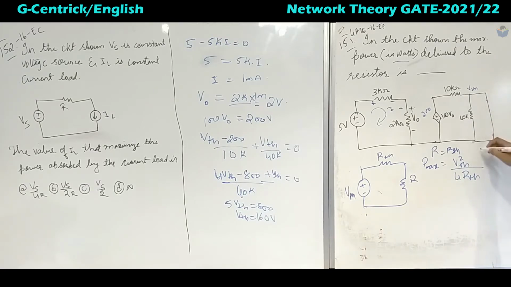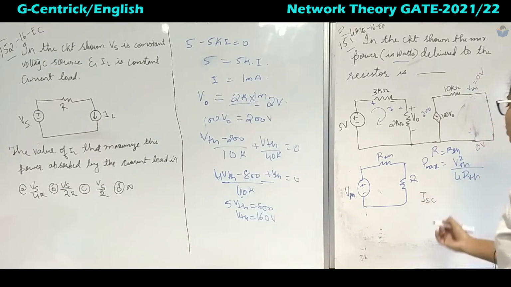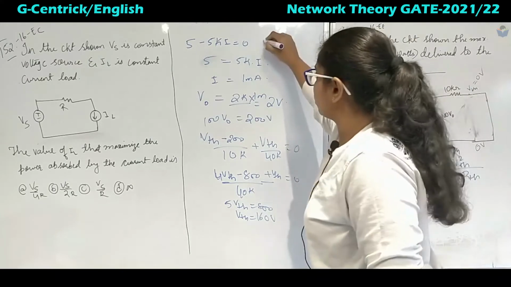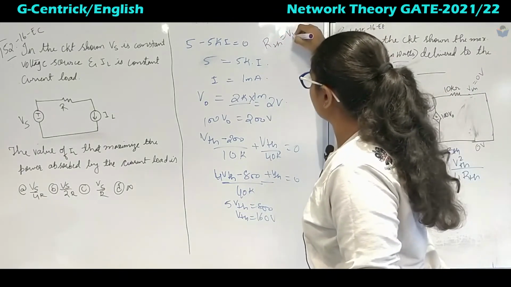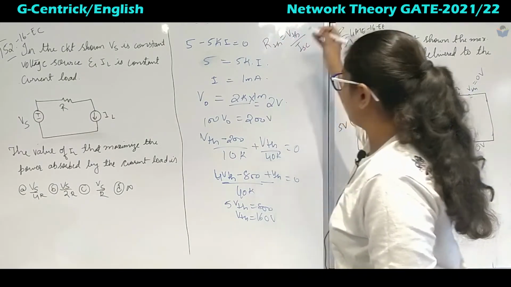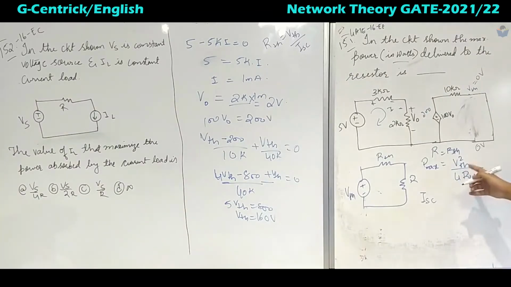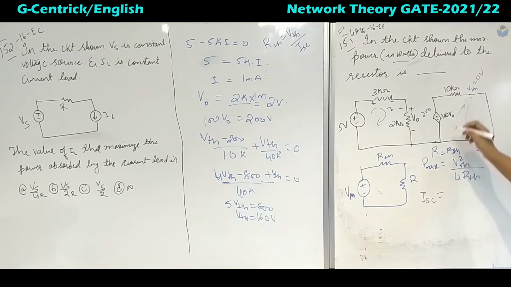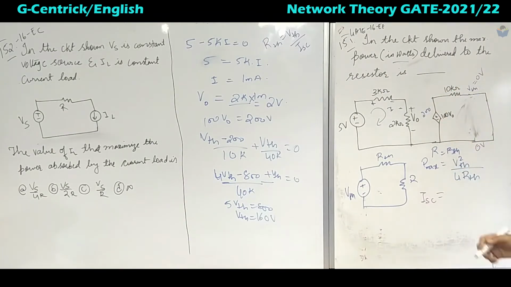When it is short circuited, here it is 0 volt, so this will also be 0 volt. This branch will have no importance. So now I can easily find the current ISC. If you have to calculate RTH, it's nothing but VTH upon ISC. VTH we already know, we have to find ISC.